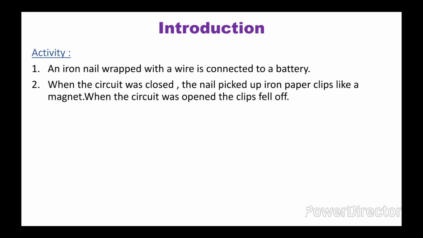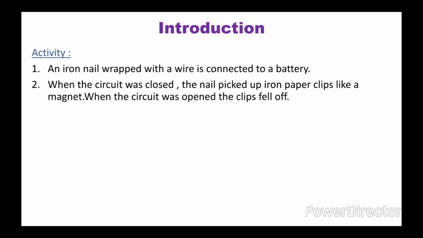So you spread some iron paper clips below this, and when you switch on the circuit, the iron nail picks up the paper clips. It acts like a magnet. You all know that iron is attracted towards a magnet. So when the current is flowing, that iron nail picks the paper clips.